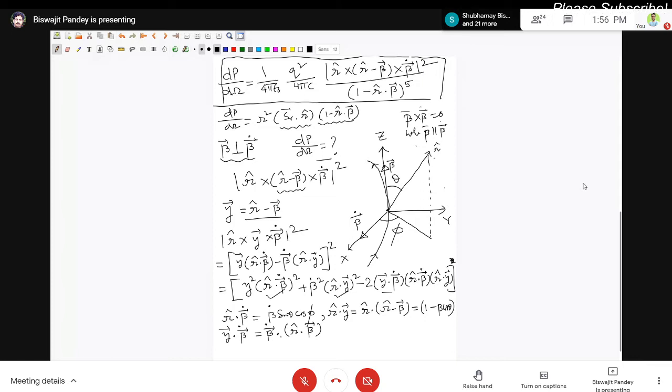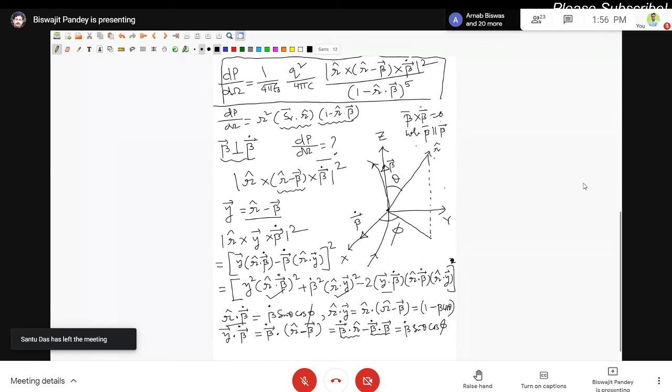Now this will be beta dot dot r cap minus beta dot beta dot, and this will be 0 since they are orthogonal, so only this term survives. So beta dot dot r cap is the same as this one, right? So they are actually the same. This will again be beta dot sin theta into cos phi.